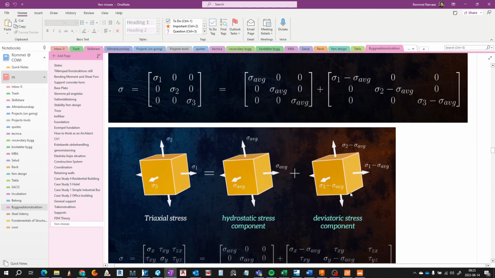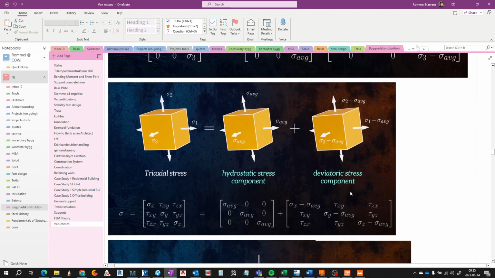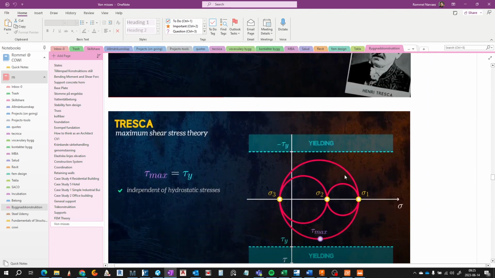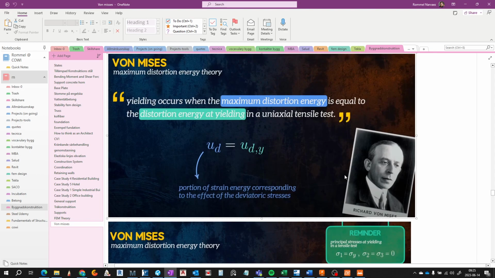In that way you calculate these stresses, but we are going to go to von Mises, which is our interest here. And von Mises says that yield occurs when the maximum distortion energy is equal to the distortion energy at yielding in an axial tensile stress.